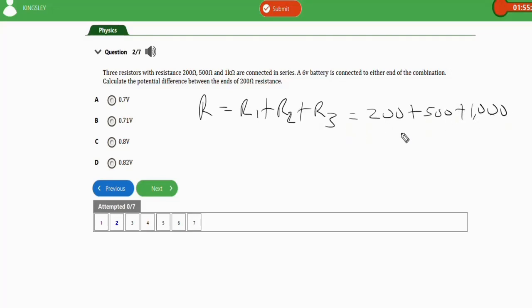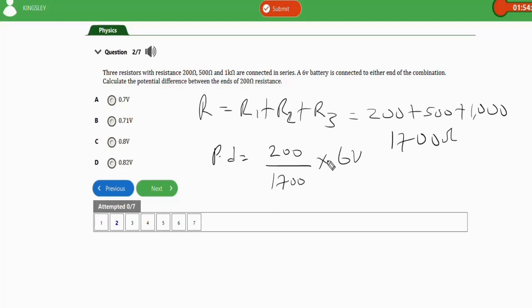So everything will give you 1700 ohms. Now to get the potential difference between the ends of 200 ohms, PD will be, for this particular question, 200 over 1700 times this 6 volt battery we have.